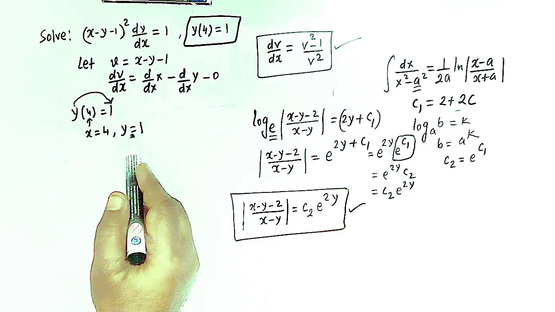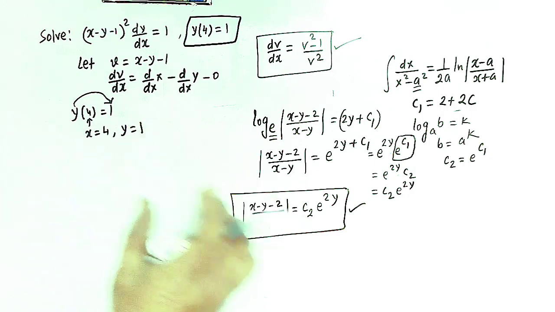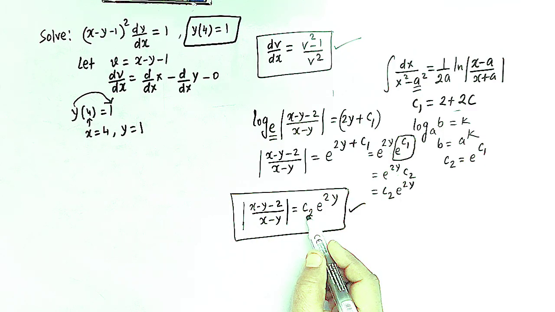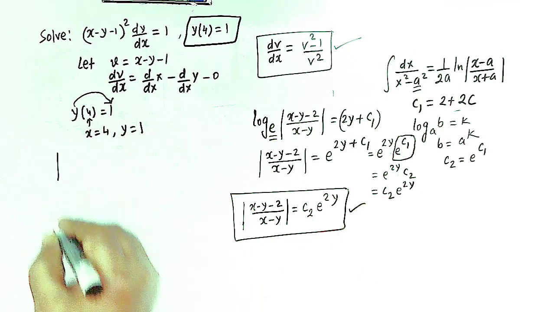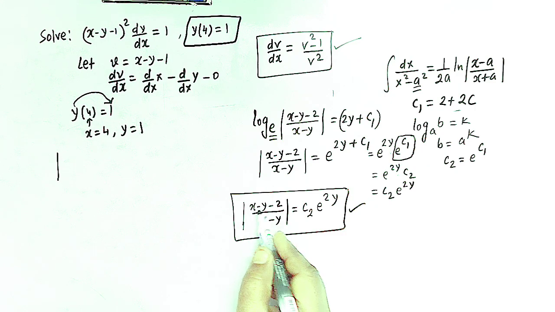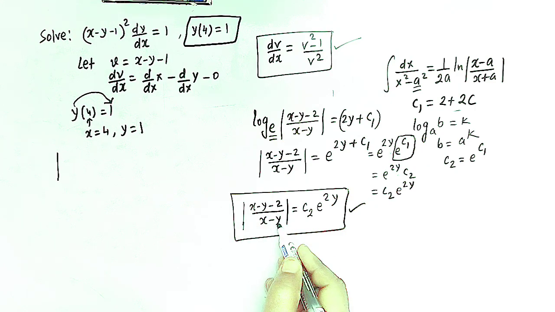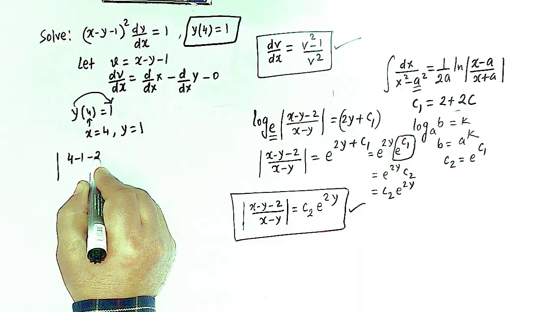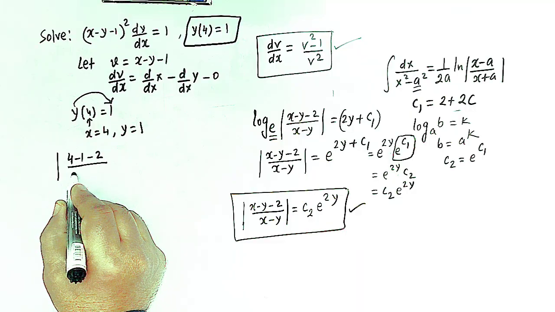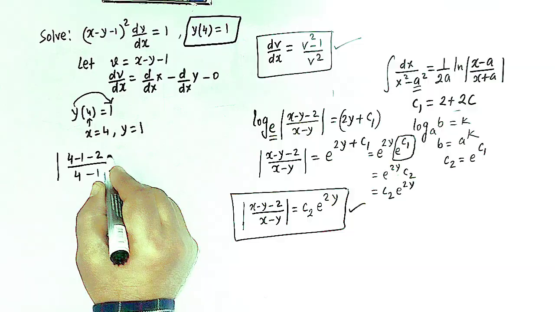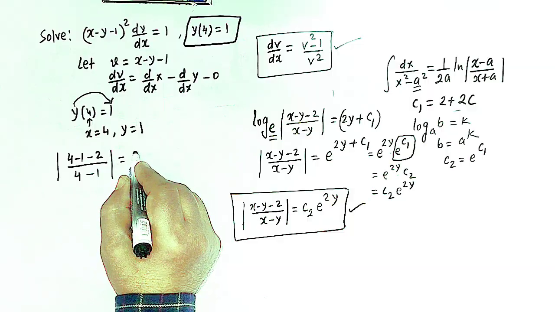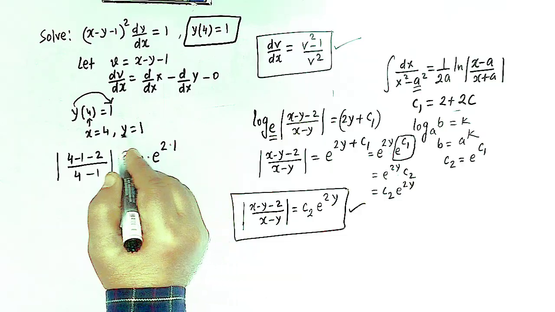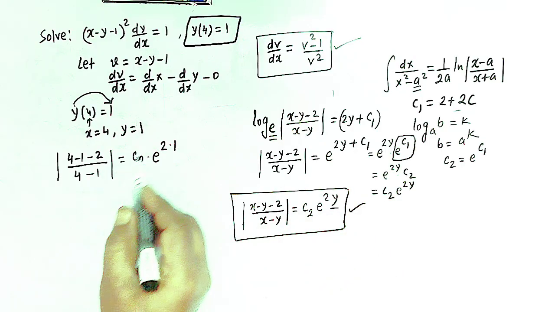So let us substitute these values in this expression to get the value of C2. So we have here absolute value of x minus y minus 2 over x minus y. So we have 4 minus 1 minus 2 over 4 minus 1, and here we have c2 times e raised to 2 times 1 because y is equal to 1.